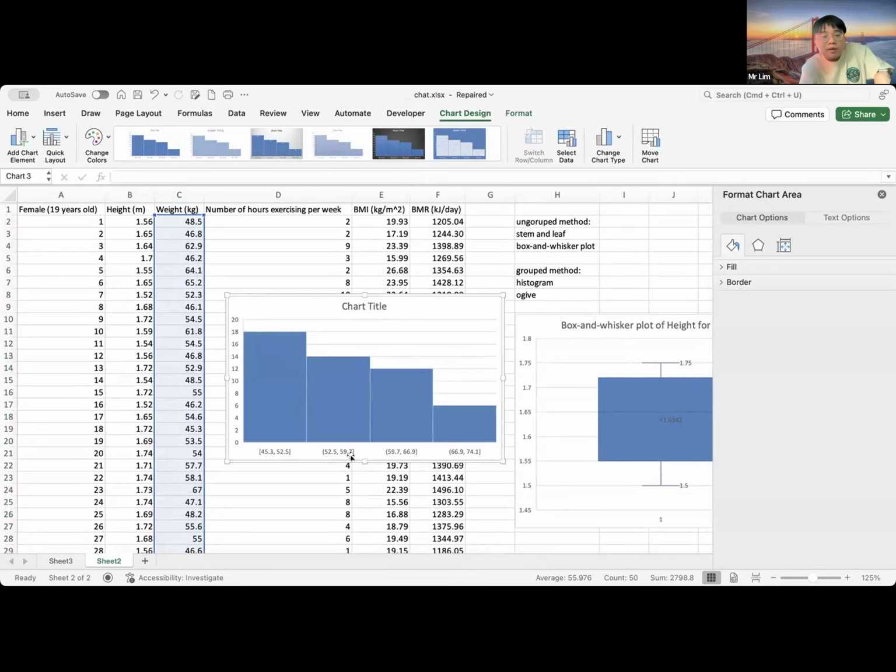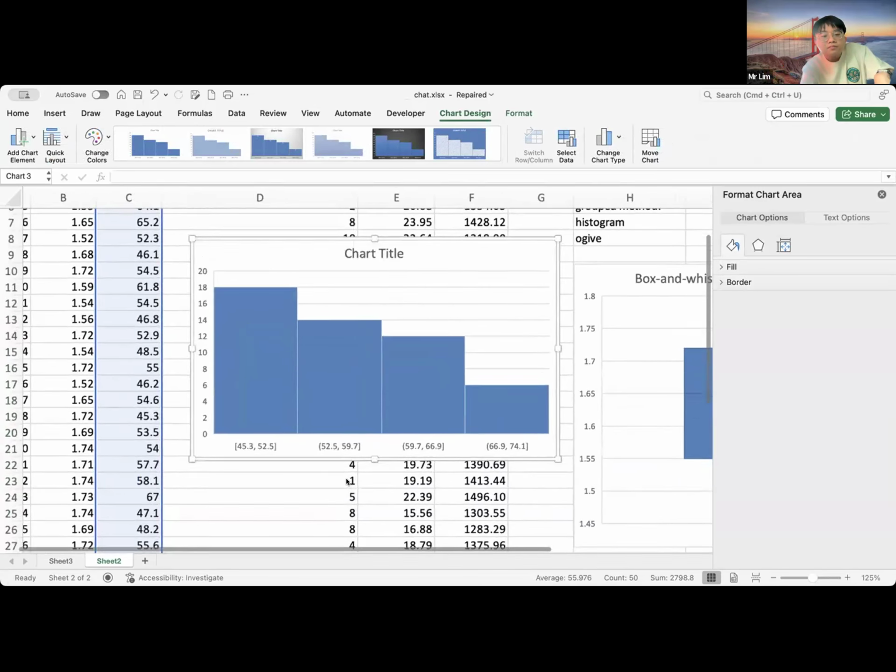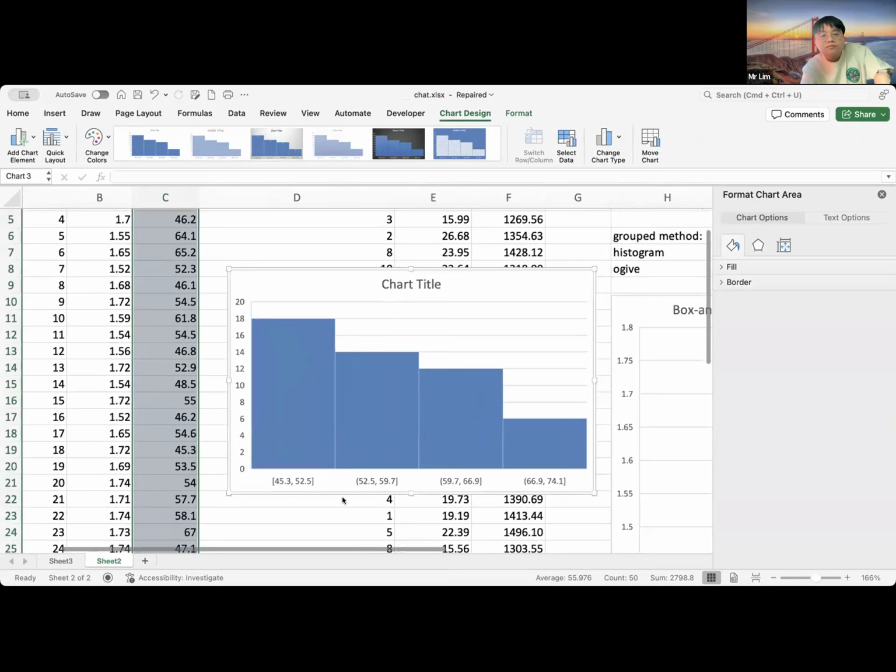Okay, so if you look at the histogram, 45.3 to 52.5, 52.5 to 59.7, and then this one to this one, this one, this one. Looks like it's an increasing order.